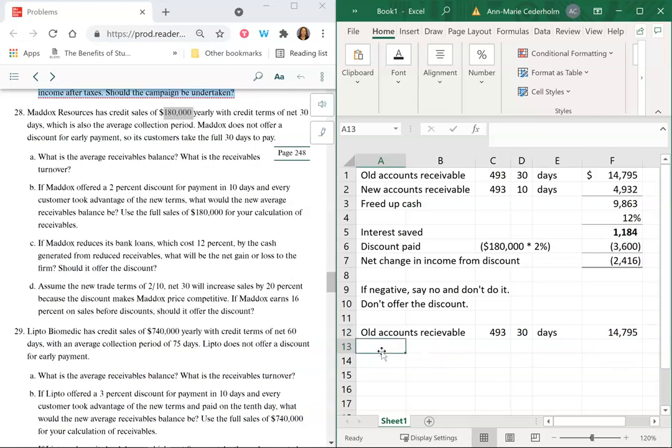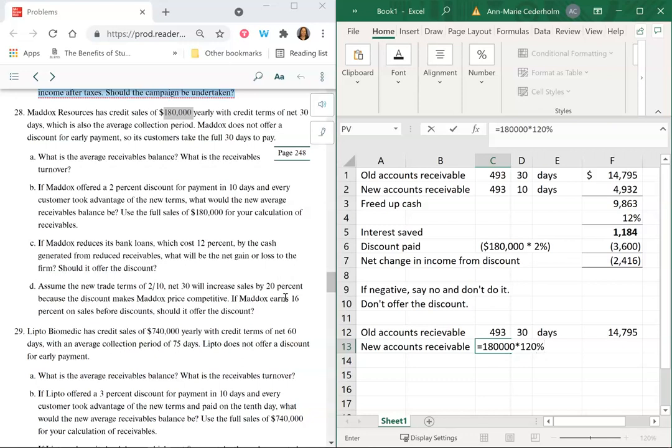Now my new accounts receivable is going to be different because I have to take into consideration the increase in my sales. So my old sales were 180,000. Now if I multiply that by an increase of 20%, in order to gross up 180,000, I can actually just do 120%, or just do 1.2.